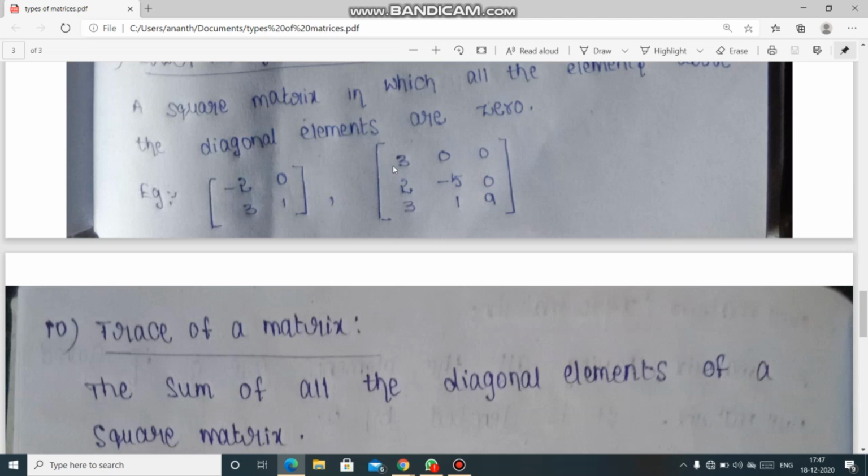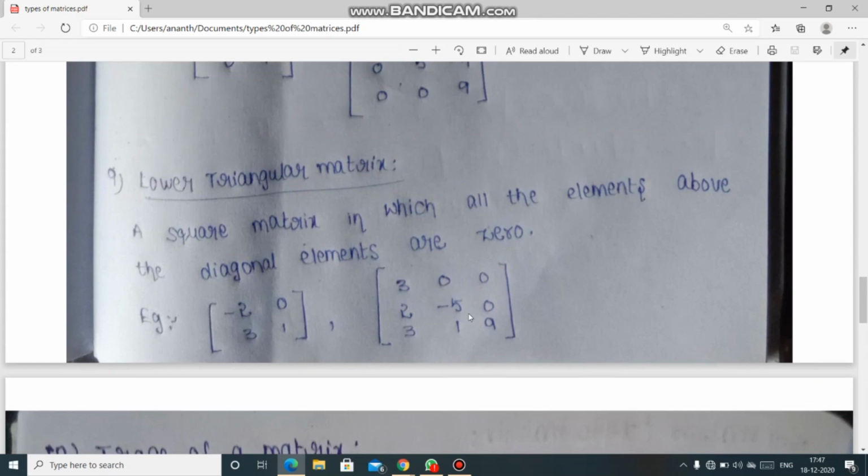Another example, 3 0 0, 2 -5 0, 3 1 9. Here this is a 3 by 3 matrix and also a square matrix in which the elements above the diagonal elements are 0. Here 3, -5, 9 are diagonal elements. So it is a lower triangular matrix.